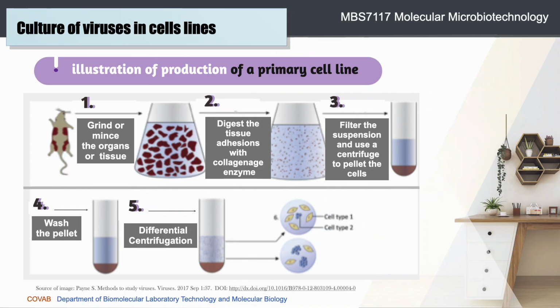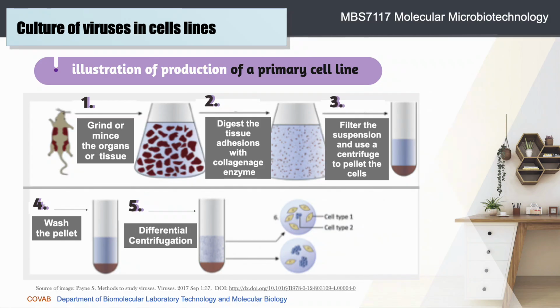Then in number 2, we obtain a clean conical flask and suspend our organs or tissue mix in collagenase enzyme. This is going to digest the tissue adhesions, setting our cells free.